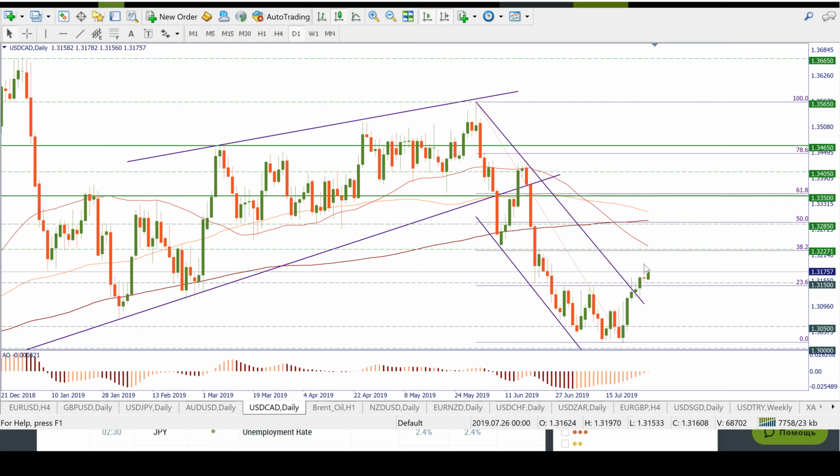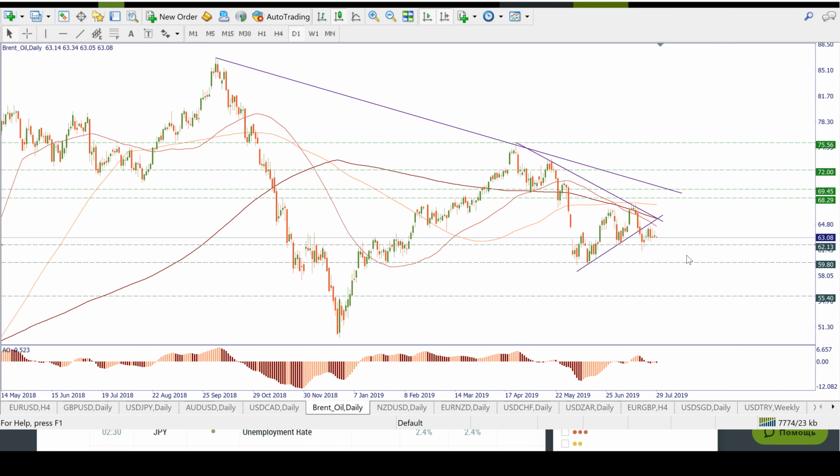Oil prices remain more or less supported by the global uncertainty, the concerns about oil supply, and the fact that US inventories have become smaller. However, still we see that there is significant resistance ahead for Brent.